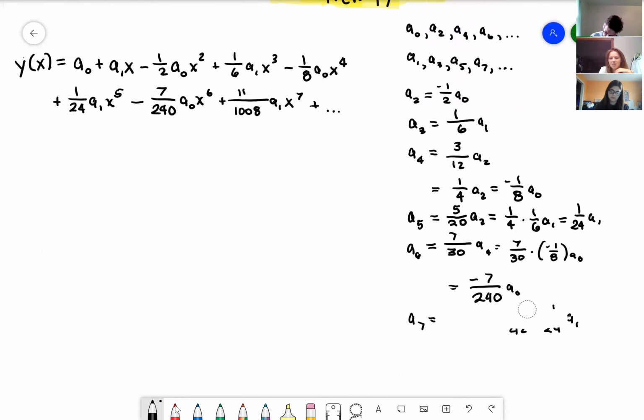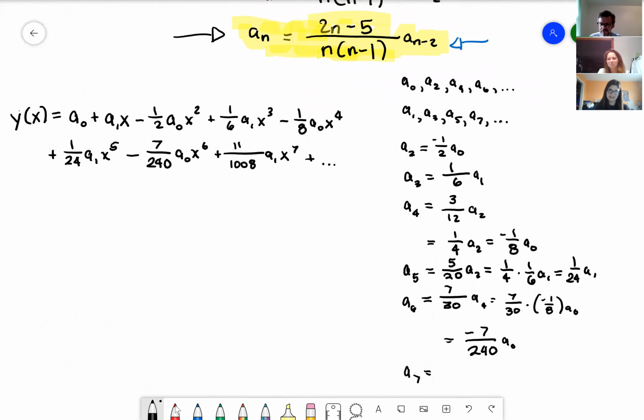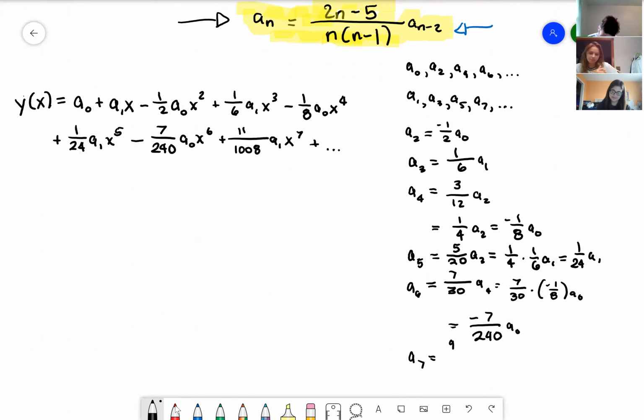All right, I think the numerator should be 9, not 11. Very good. So 9 over 42. Well, let's write it as 9 over 7 times 6.